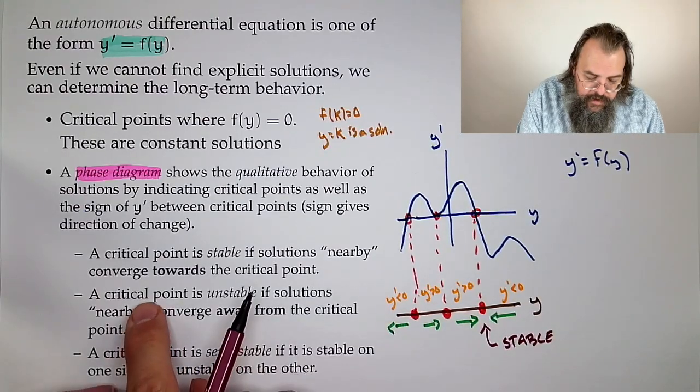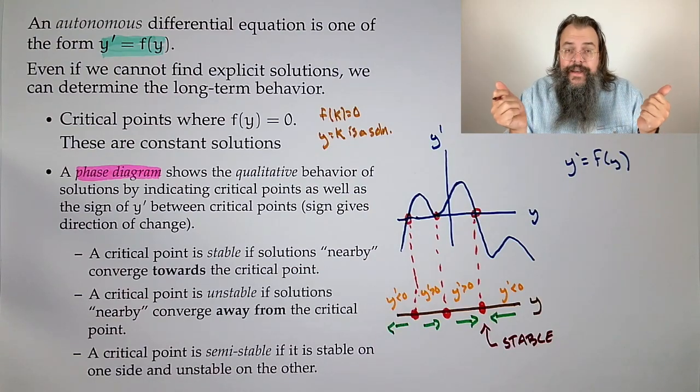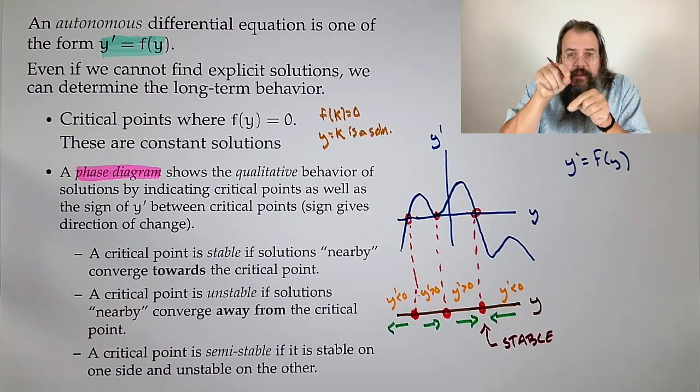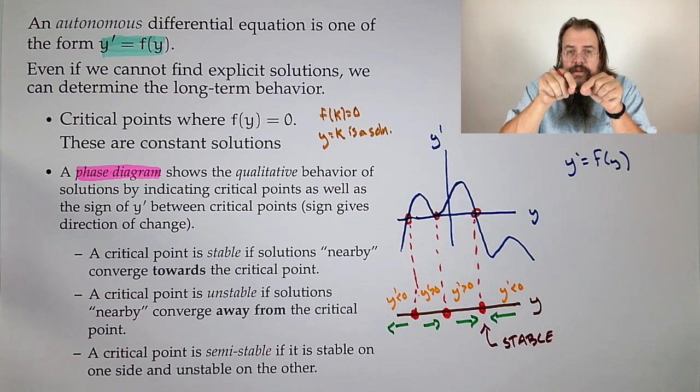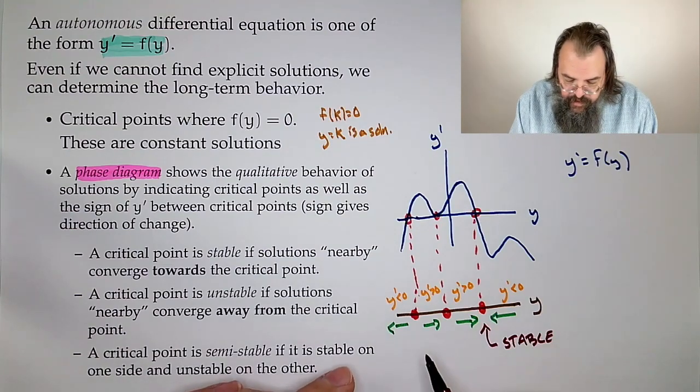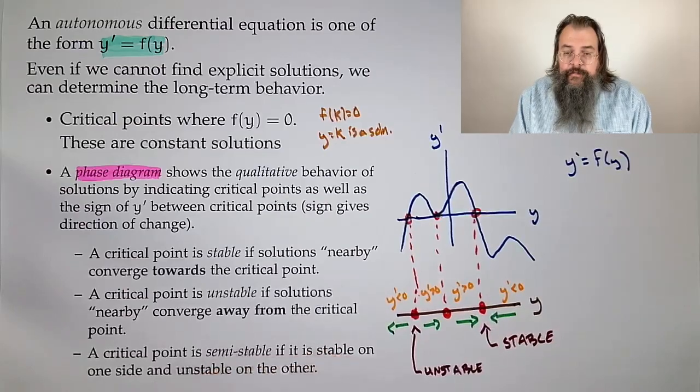All right. Now, what else? Well, a critical point is unstable if solutions move away. So in other words, if I'm not exactly at that critical point, if I'm just next to it, then I start to drift away. And that's true on either side. So this point is unstable. Both the arrows point out, away from it.